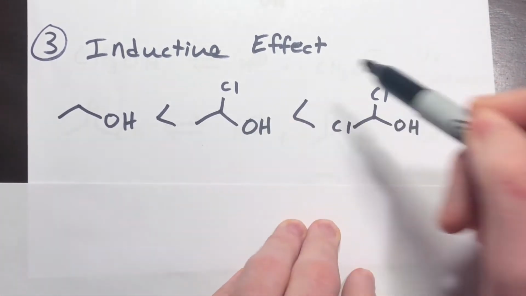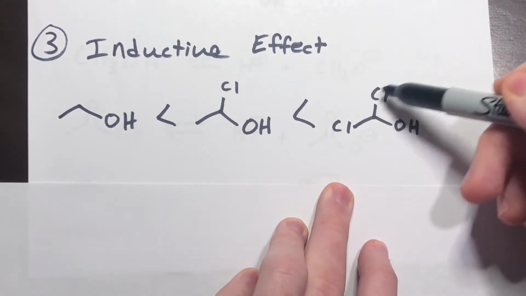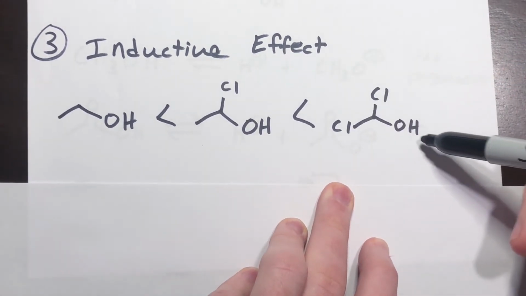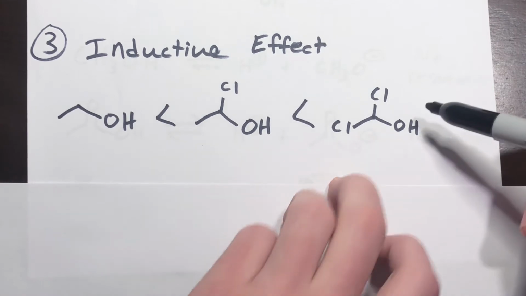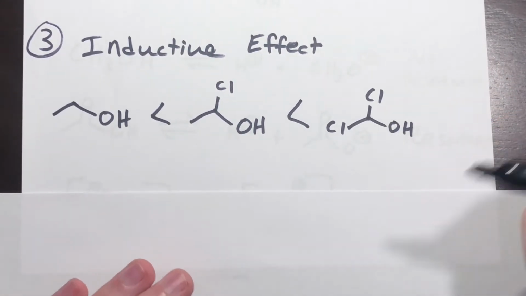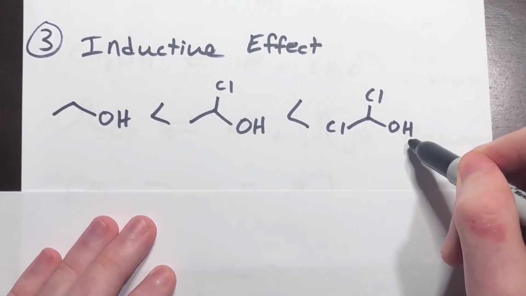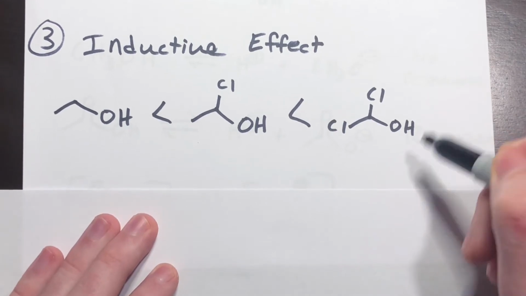And we can increase it further by replacing the CH3 group with another chlorine, and now these chlorines influence the hydrogen acidity here. So the more electronegative atoms you have close to the hydrogen that is being donated, the more acidic that hydrogen is, or the lower the pKa that hydrogen will have.